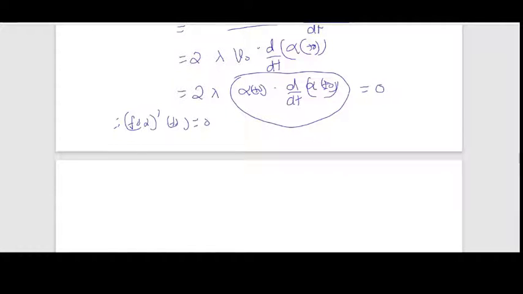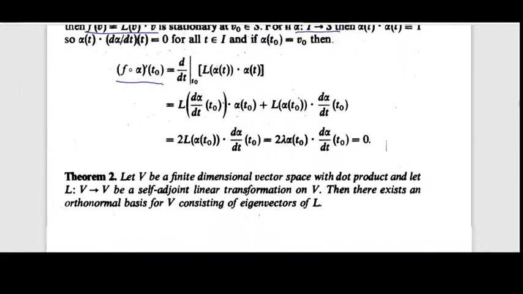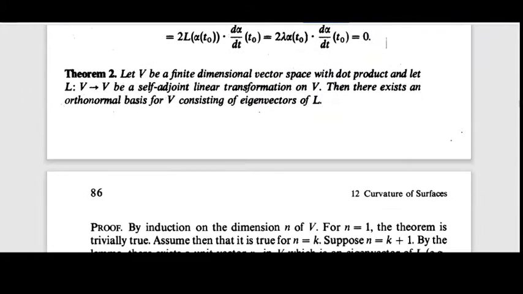Okay, so this implies t naught is a stationary point of f composition alpha, or we can write alpha of t naught is a stationary point of f. Okay, so this completes the proof.